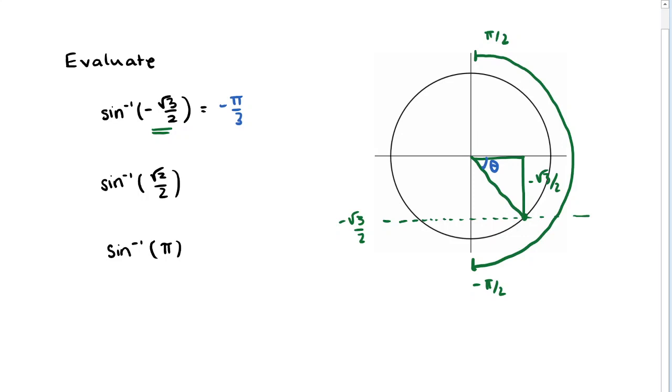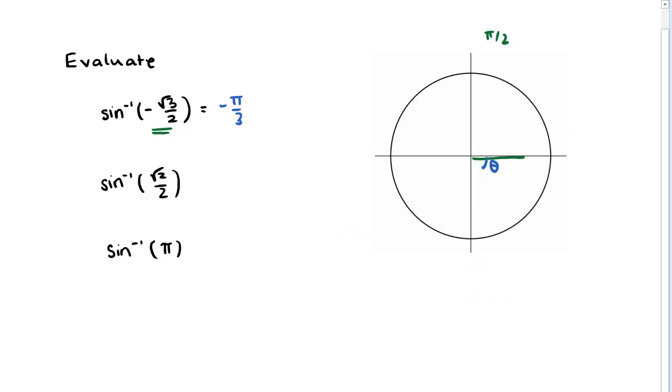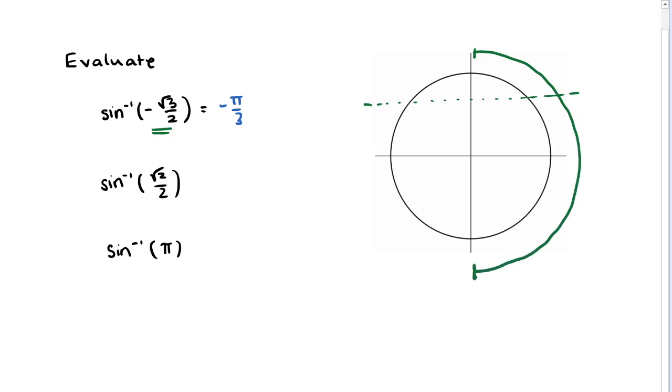Now what about sine inverse of the square root of 2 over 2? Well, we could apply the same idea. We have a y value of the square root of 2 over 2, and we're looking for the angle that falls between negative pi over 2 and pi over 2. And that's this angle here. And so what angle gives us a y coordinate of the square root of 2 over 2?